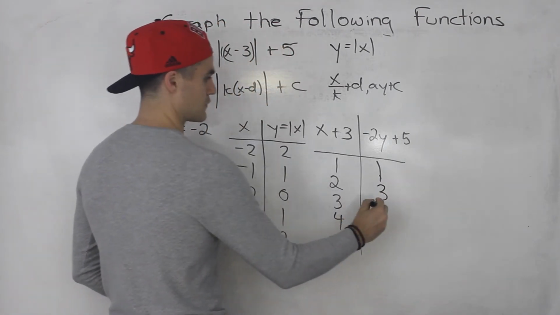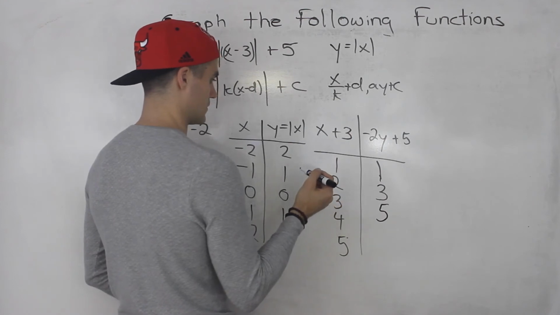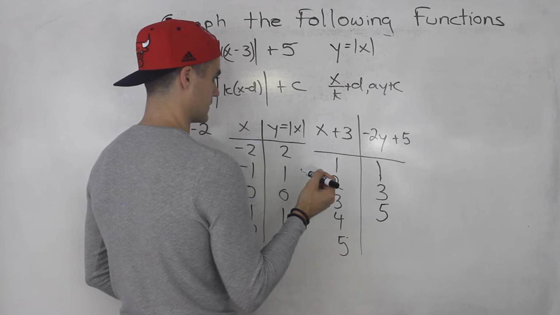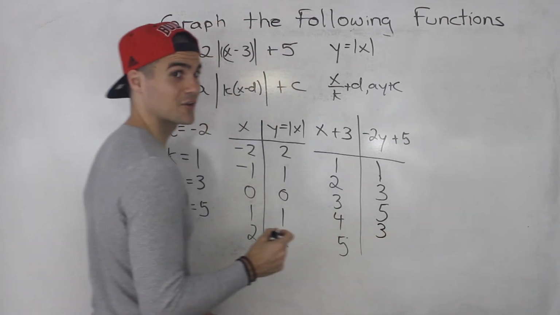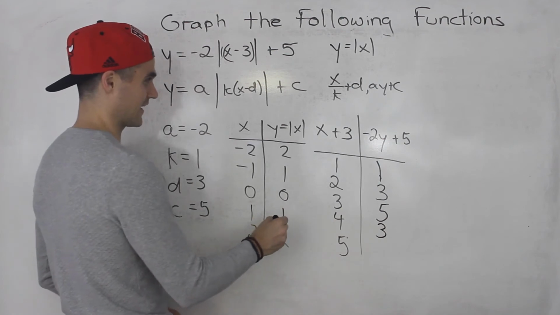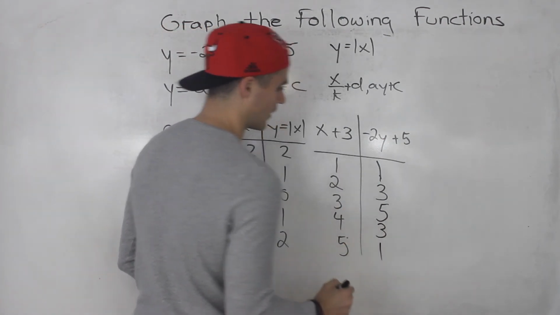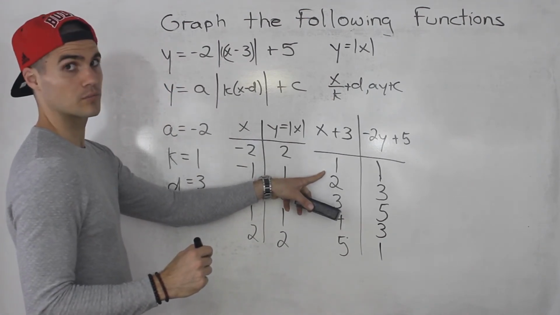Then this would be 5, and then 0 times -2 gives us 0 plus 5, sorry, kind of blanked out there. And then -2 times 2, -4 plus 5 gives us 1. So that there is the transformed function.